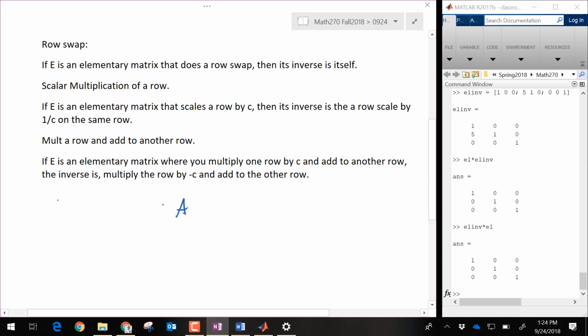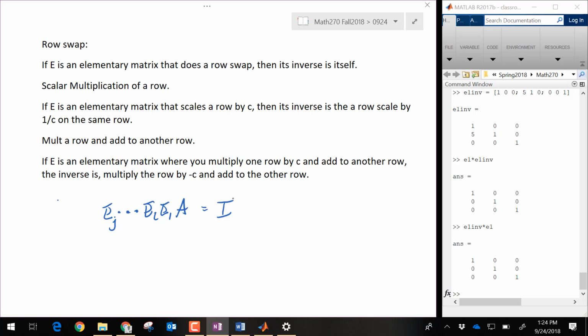So you have A, we multiplied it by E1, E2, E3, E4, E whatever, by a series of elementary matrices. Maybe I should just start with E1 and E2. Well, anyways. What we're interested in eventually is to find the inverse of the original matrix A.